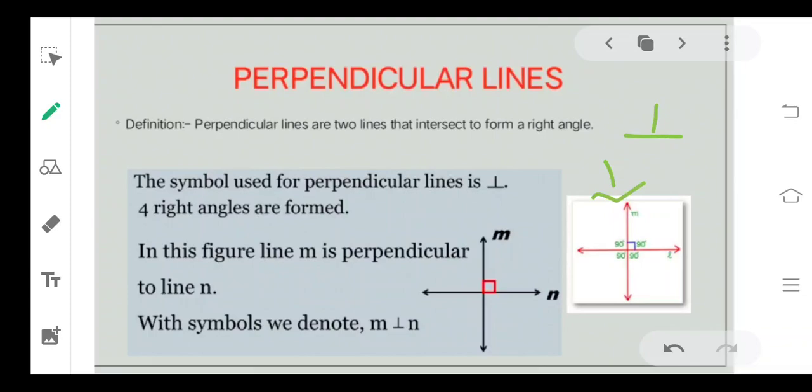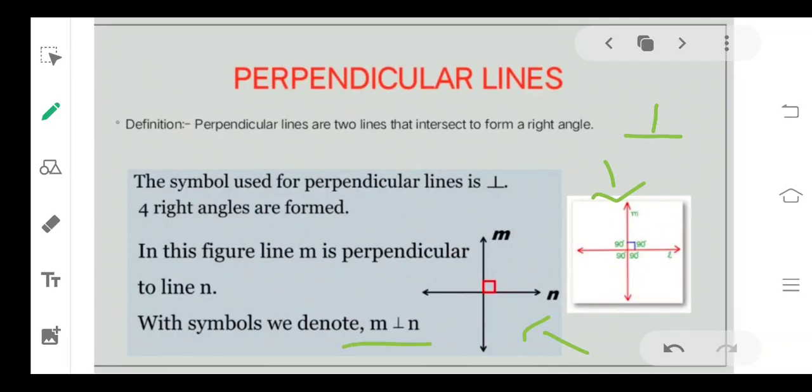Now in this adjoining figure you can see that M is perpendicular to line N. So we can say M perpendicular N, because the symbol of perpendicular is this, so we are going to write it like this.